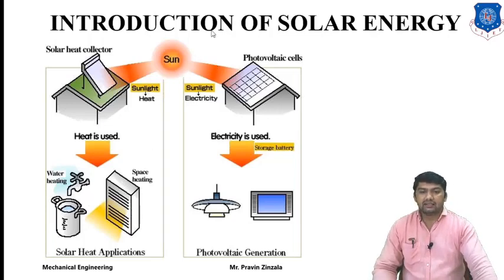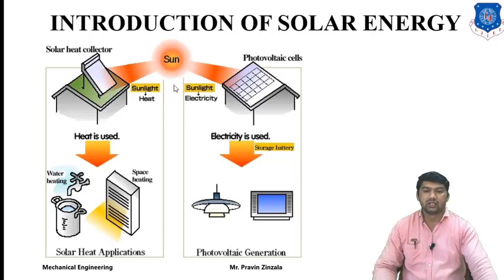We can also directly utilize solar energy for electricity generation using solar panels. So the basic fundamental of solar energy is to convert it into thermal energy or non-thermal energy, and we can directly or indirectly utilize the photovoltaic cell for electricity generation for different home applications.